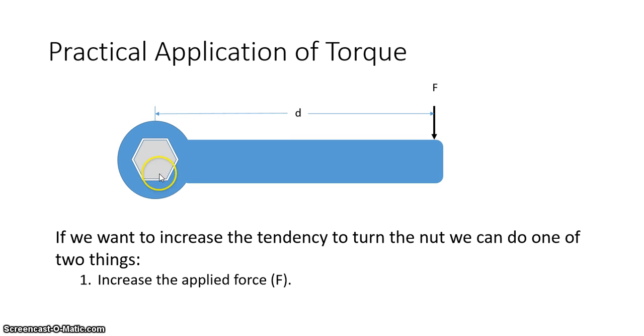So if you can get a longer lever arm, lever arm or moment arm, you can also increase the torque on the nut that you're trying to take off. So again, if you're trying to take off that nut, there's two things you can do. You can either get a longer lever arm, or you can apply more force, and that would allow you to turn that nut that is stuck on your tire.